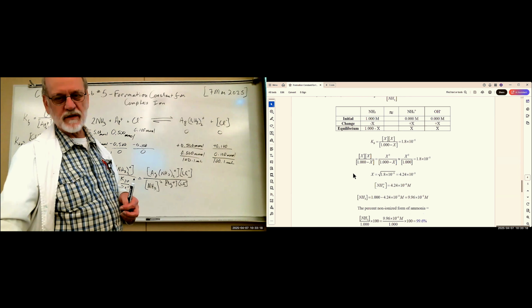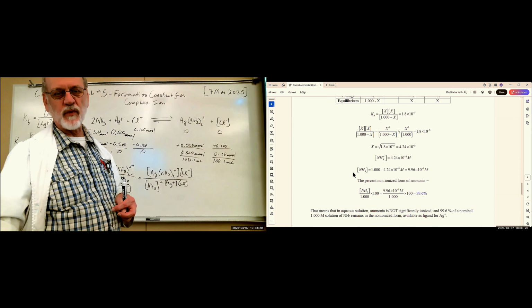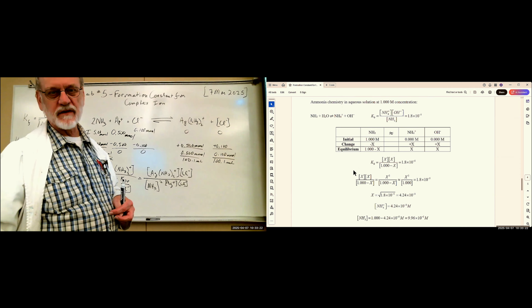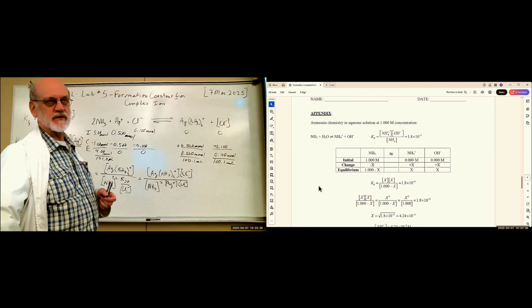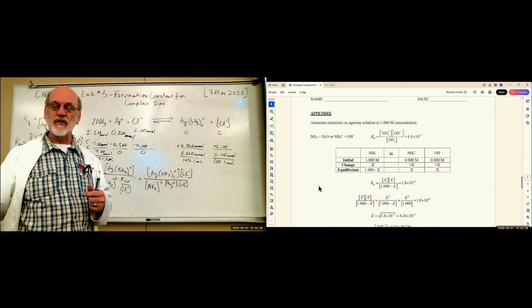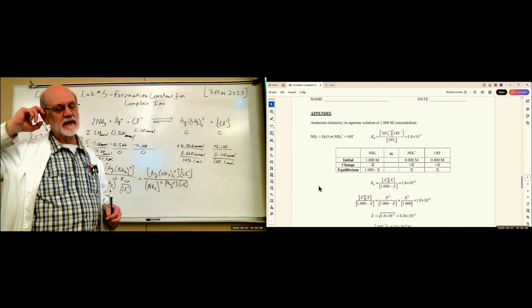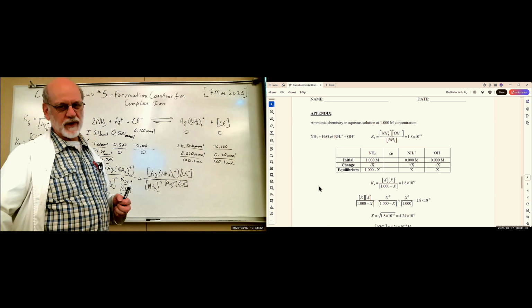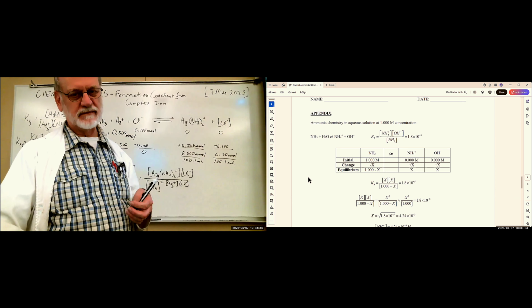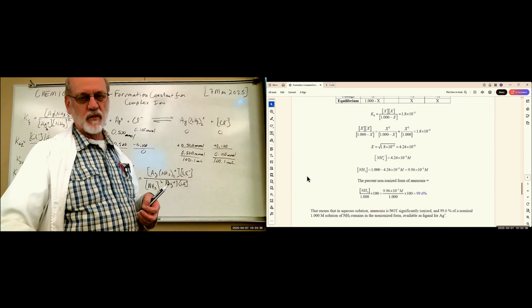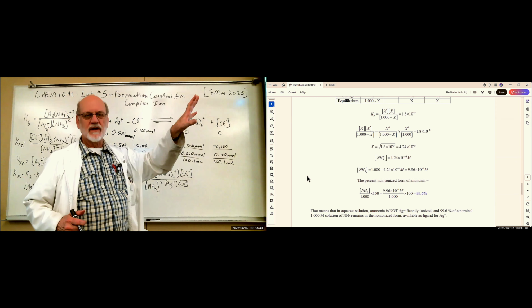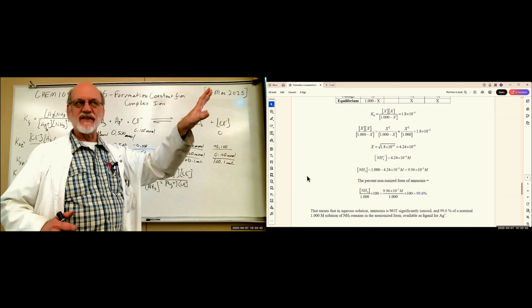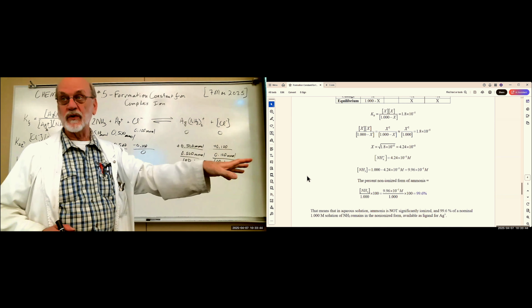And here's the calculation of 99.6% at 1 molar ammonia. 99.6% is ammonia, and the other 0.4% is ammonium. So if we're really sticklers, we would say whatever the concentration of ammonia that I give you, multiply it by 0.996, and that's your real value of ammonia.